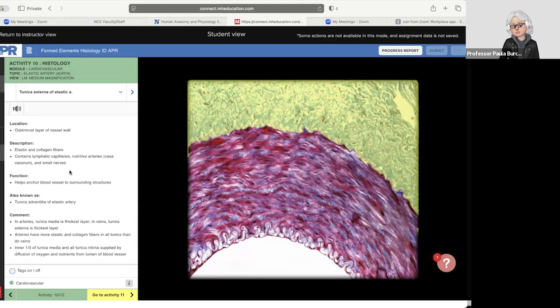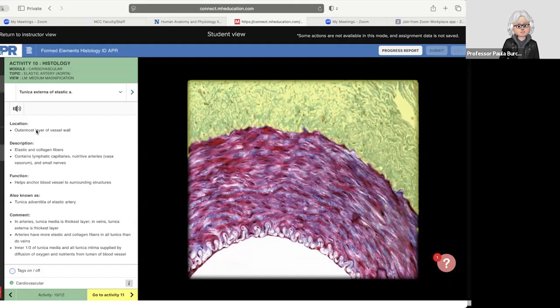If you have really large arteries and veins, within this tunica externa you're going to have blood vessels as well to supply nutrients and oxygen and remove waste products from that large blood vessel. That's called a vasa vasorum. And you'll have small nerves in this area as well, supplying the smooth muscles here for the vasoconstriction and vasodilation.